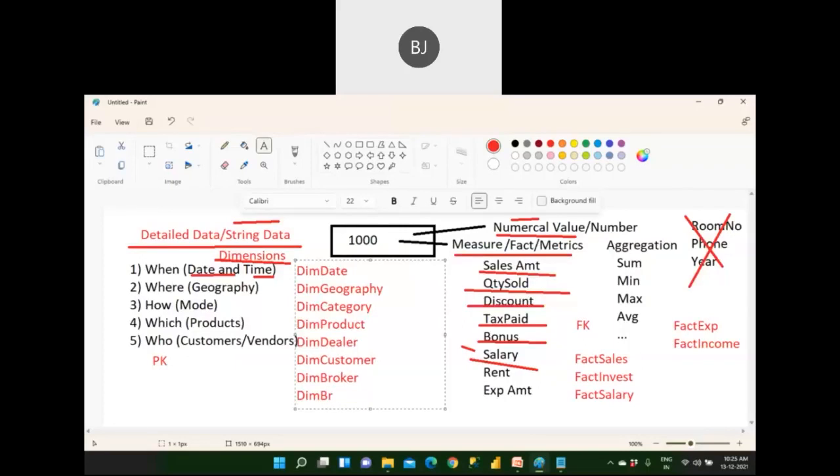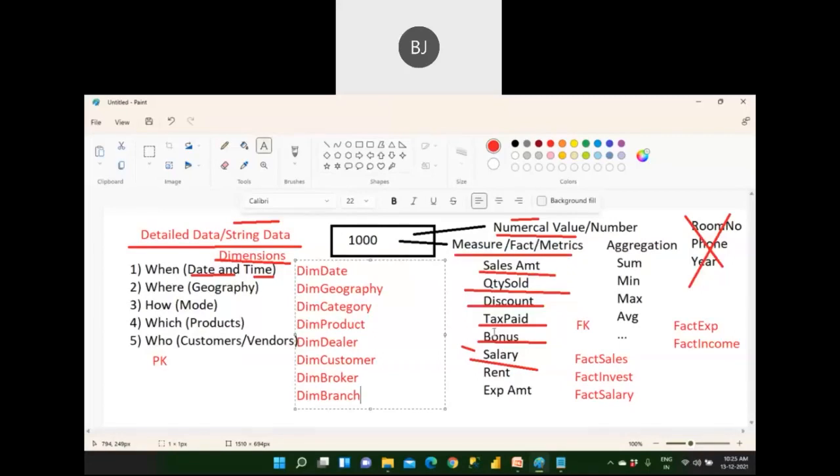A lot of tables are dimension tables, and you will also have a lot of fact tables: fact sales, orders, fact investments, fact salary, fact insurance amount, fact premium amount. When you make the payment, the premium amount, that is a table called fact premium. Fact deductions, what are the discounts you got.